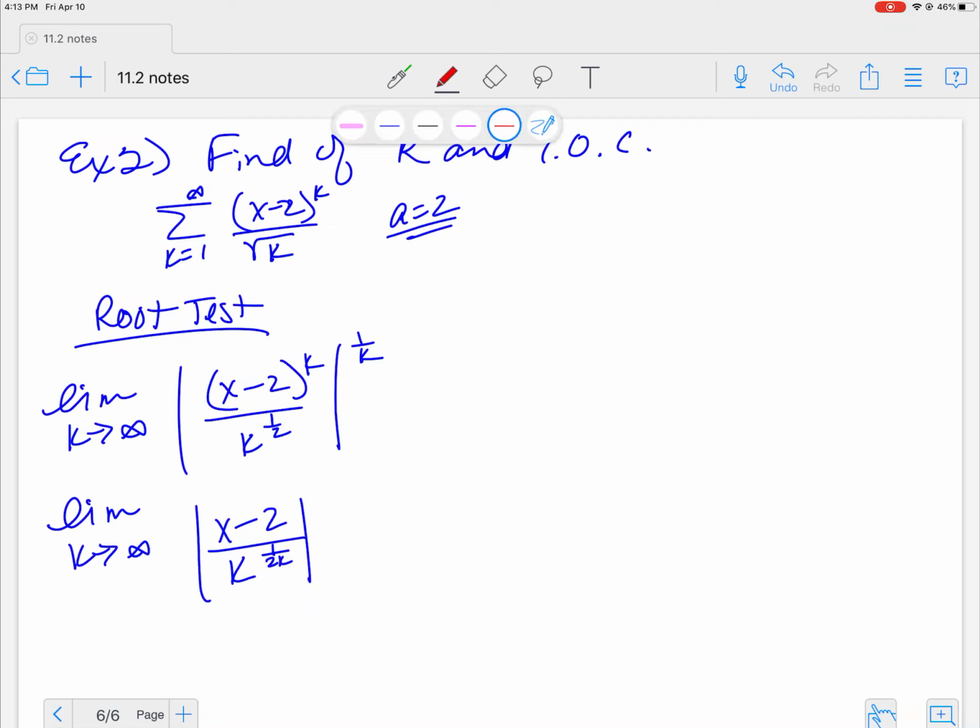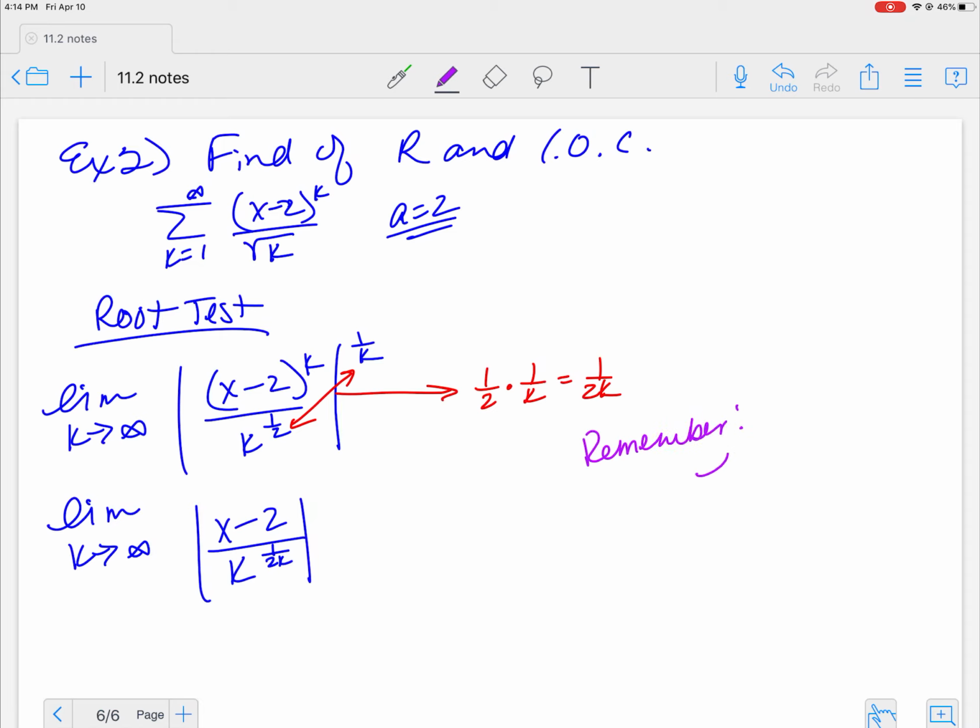These two together, when I put those, I get power to a power, you multiply, and that's 1 over 2k. All right, now the limit as k approaches infinity. So here's another thing to remember. Remember, the limit as k approaches infinity of k to the 1 over k, what does that equal? Do you remember that?